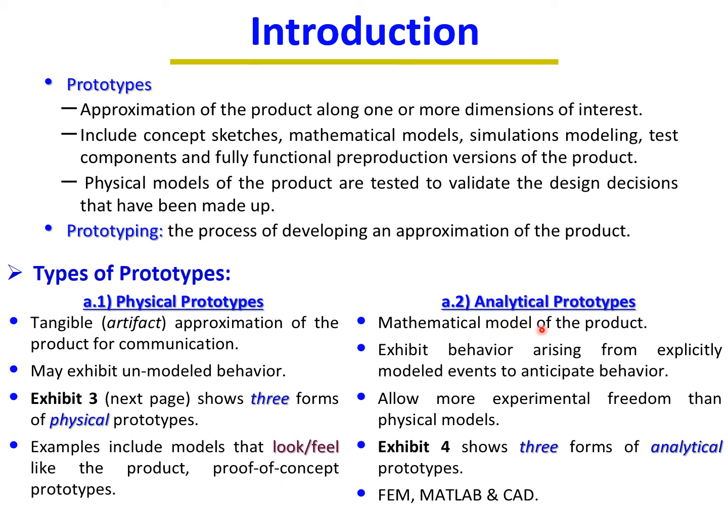It is a mathematical model of the product. It exhibits behavior arising from explicitly modeled events to anticipate the behavior. It allows more experimental freedom than physical models. And exhibit 4 on the next page shows 3 forms of analytical prototypes, right? Mathematical. So finite element method, MATLAB, computer-aided design are parts of these. Second type.